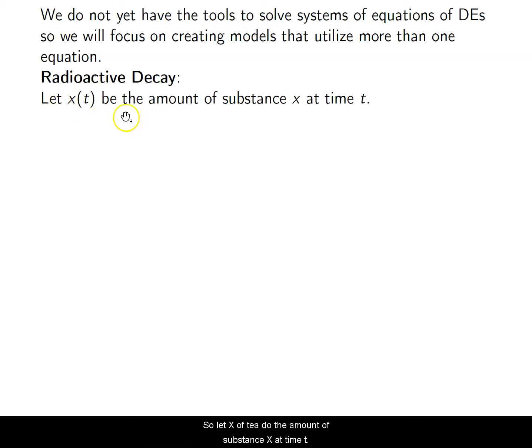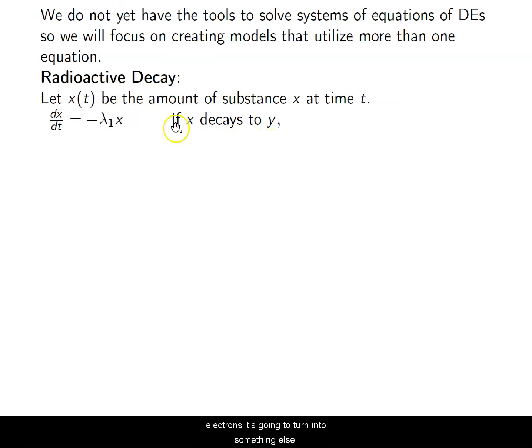So let x of t be the amount of a substance x at time t, right? So the derivative of x with respect to time is going to be a constant multiple of x, some proportionality constant that's negative because it's a decay, right? So here we're saying that x is going to decay into some substance y.